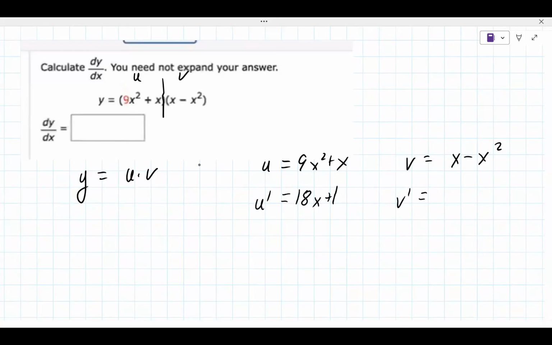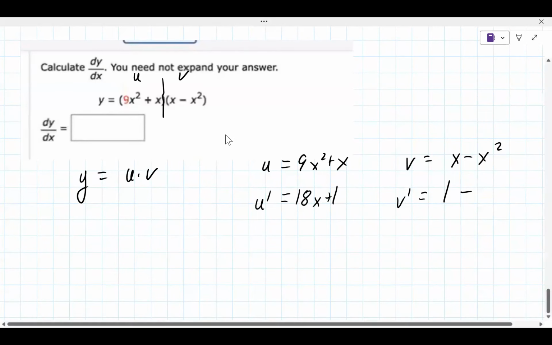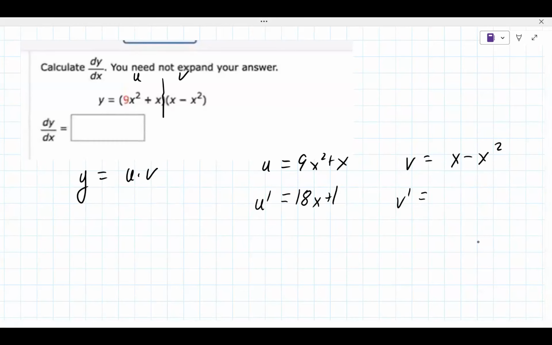And then for v prime, x is just 1. So v prime, would it just be 1 minus 2x? Yes. Very good.